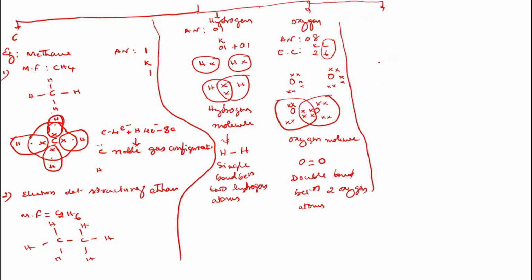The atomic number of nitrogen is 7. So nitrogen's electronic configuration is 2, 5.